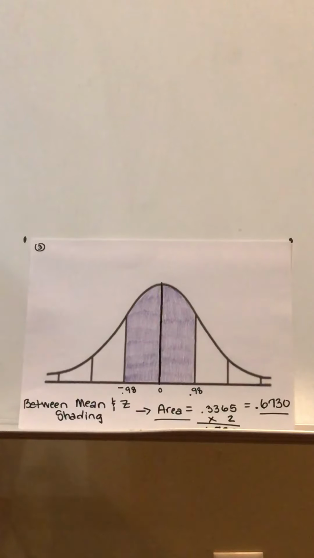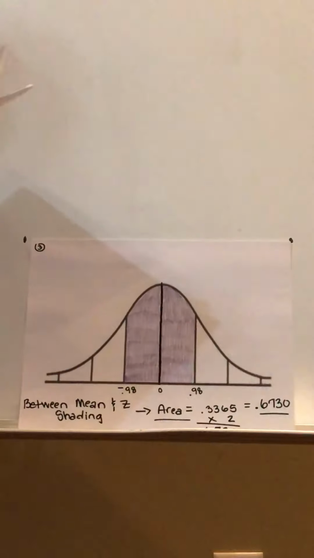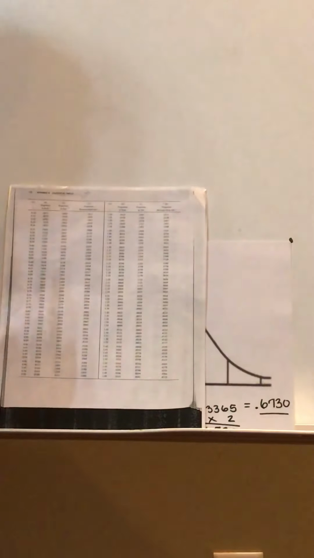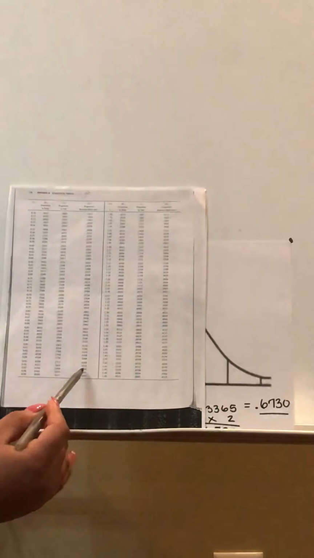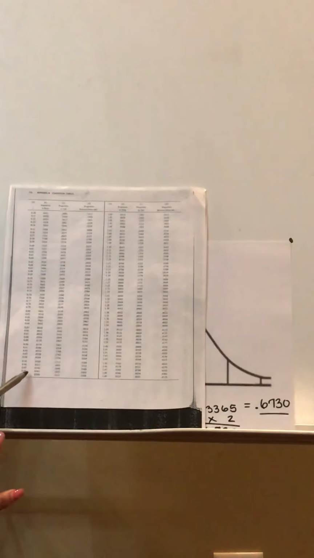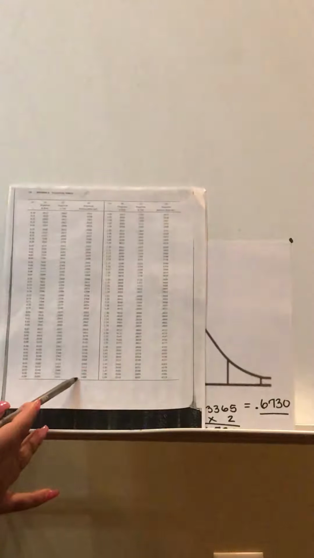So you're going to go back to our chart, and under the Z-score, you're going to look for 0.98. Now this time, you're going to go over to the fourth column. 0.98, portion between mean and Z, is the last column.